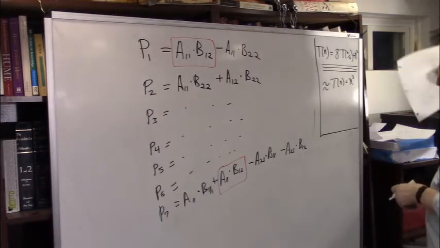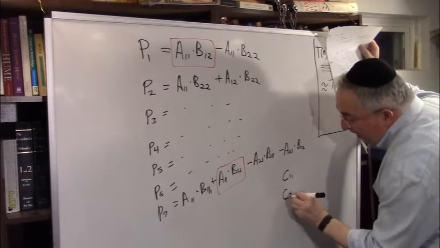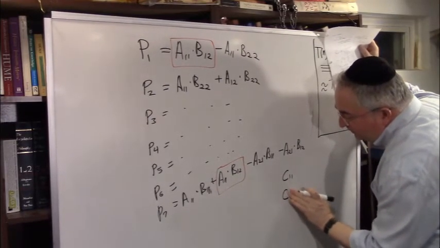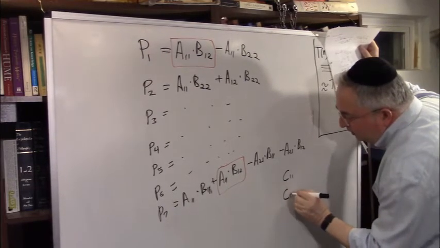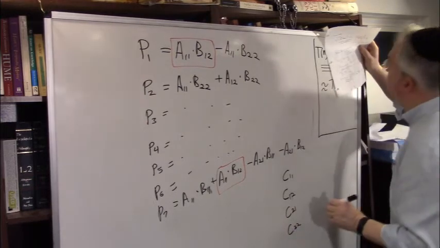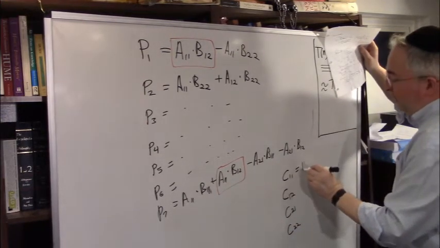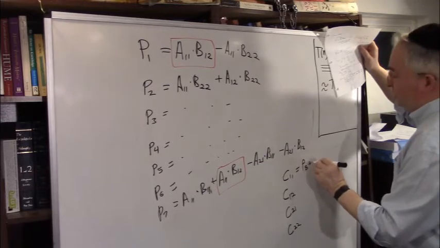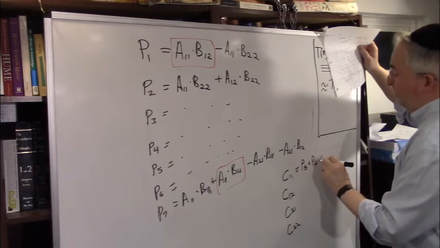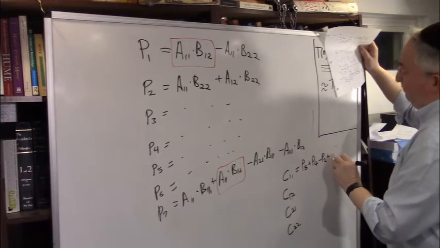following. Ready? He's interested in what's the output of the matrices. Okay? And so he has the following. C11 is equal to P5 plus P4 minus P2 plus P6.